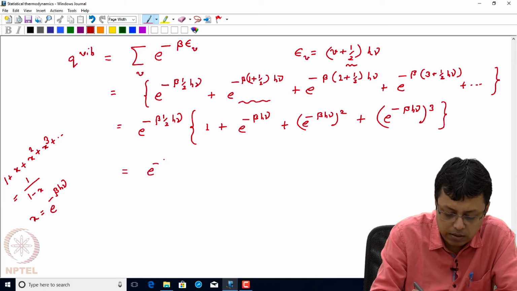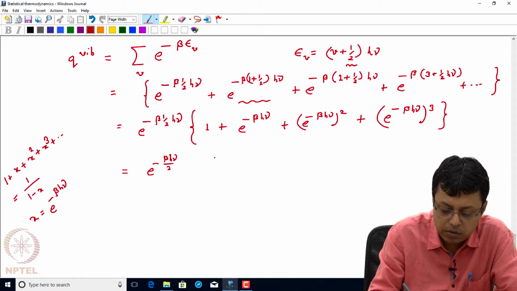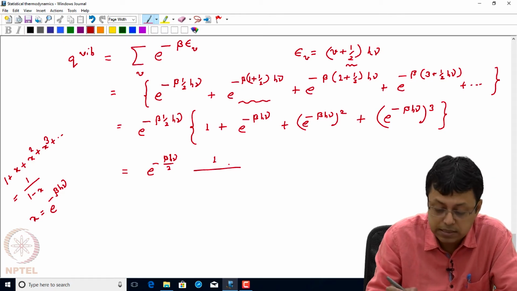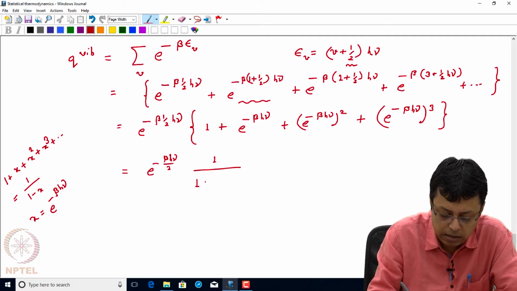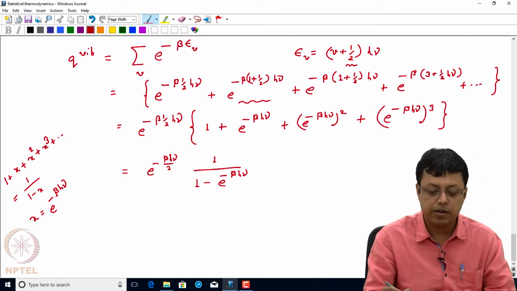So we can readily write it. It is e to the power minus beta h nu by 2 times 1 by 1 minus x, where x is e to the power minus beta h nu. So this is the vibrational partition function.